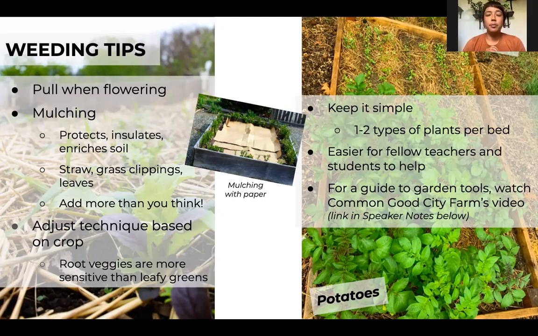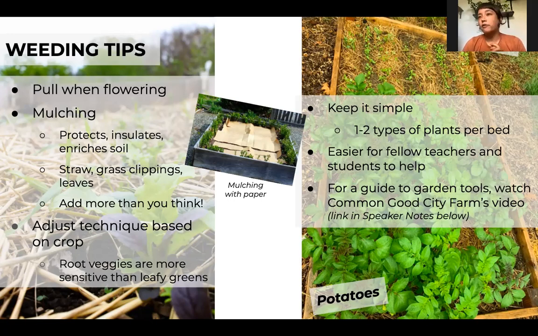Another tip is to keep it simple. For teachers, especially when you have several beds or areas that you're growing things in, it might be hard to keep track, or if you have students and fellow teachers helping you, keep it simple: one to two types of plants per bed.